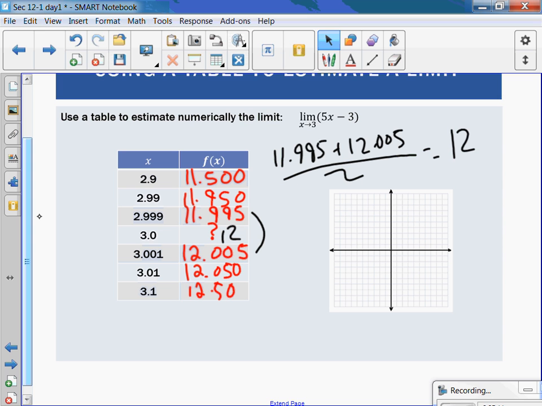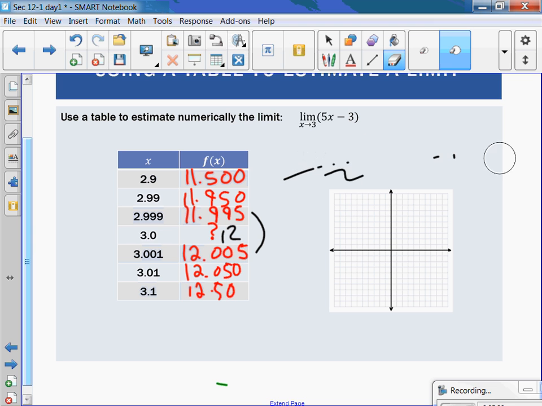Okay, so what is this a graph of? Parabola? Yeah, just a straight line, folks. 5x minus 3 has a y-intercept of negative 3 and a slope of 5.